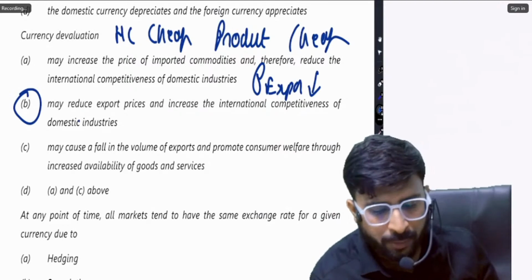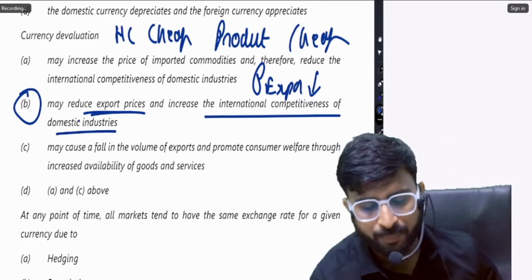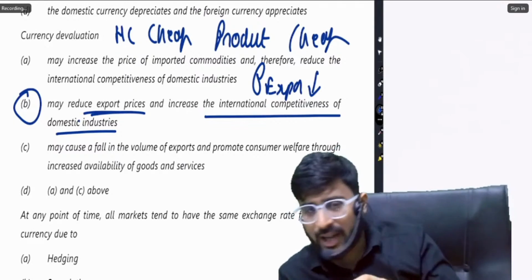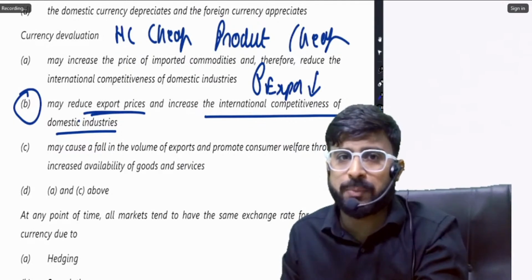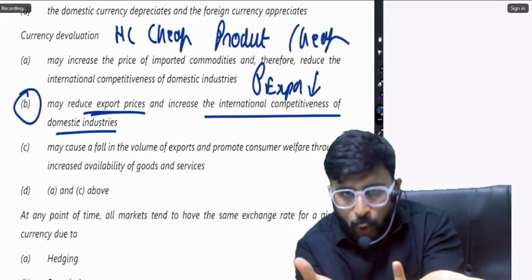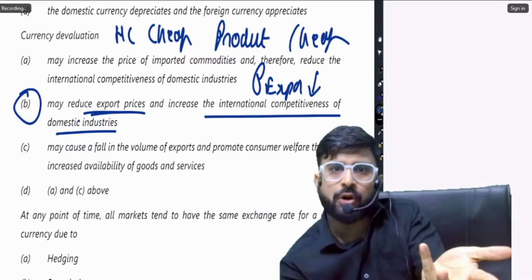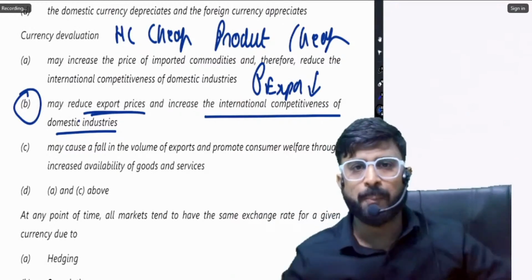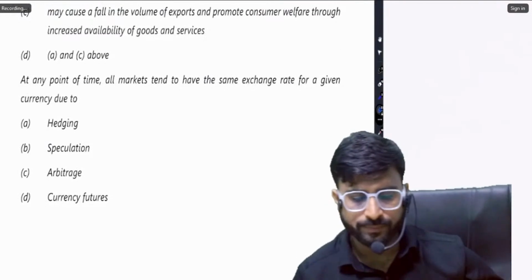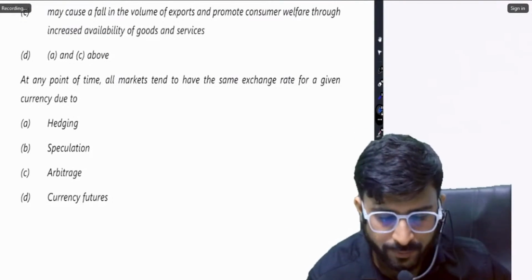This is B: reduces export prices and increases competitiveness, because now since the rupee is devalued, the rupee has become cheaper for foreign people, and rupee becoming cheaper is equivalent to Indian products becoming cheaper for the foreign people, so competitiveness of Indian products will rise in the international market.